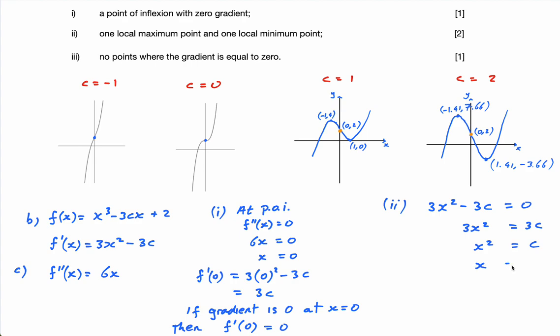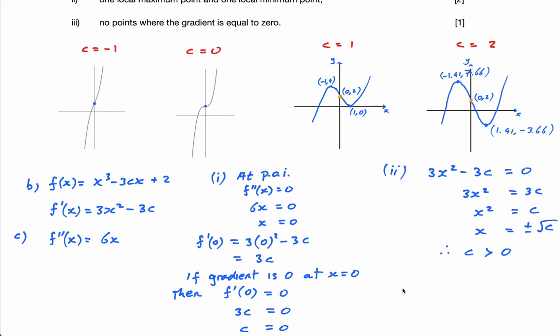So x is equal to plus or minus the square root of c. How can this have 2 real solutions? Well, c has to be positive, because if it was negative, we can't get the square root of a negative number, not to get a real solution. So c has to be bigger than 0. That will give us our 2 stationary points, hence 1 max and 1 min.